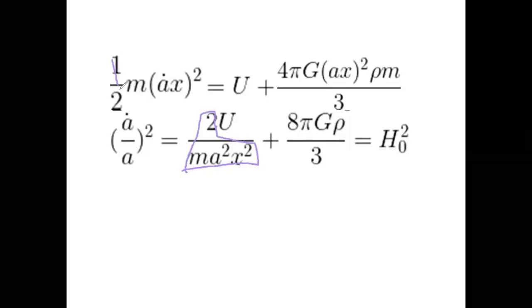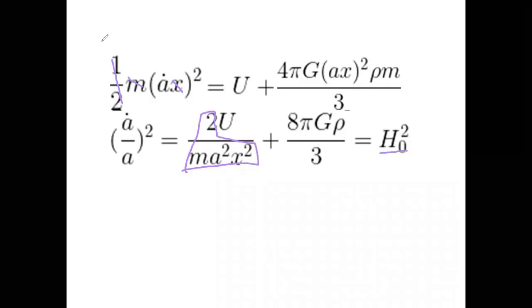That cancels out 1/2 m x squared, and puts an a under this a dot, such that it will be a dot over a squared, which is the change in scale factor divided by the current scale factor squared. Or another way to put it is the Hubble constant squared. Right?